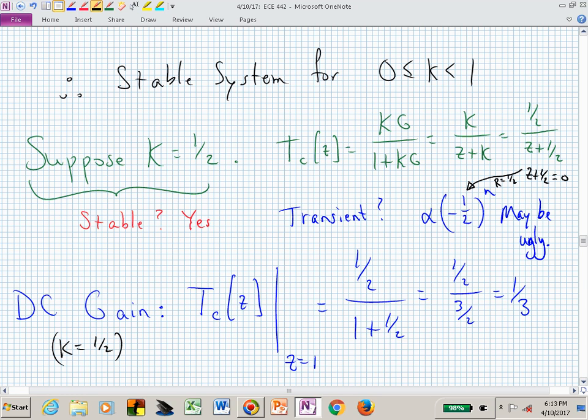Plugging in z equal to 1 gives us 1/2 over 1 plus 1/2, or 1/3 is our DC gain. That just means if I put in a constant of 6, the output is going to be 1/3 of 6. It will be at 2. If I put in a 1 in the reference input, after all this transient goes away and it's bouncing around, it will settle at 1 times 1/3, or 1/3.